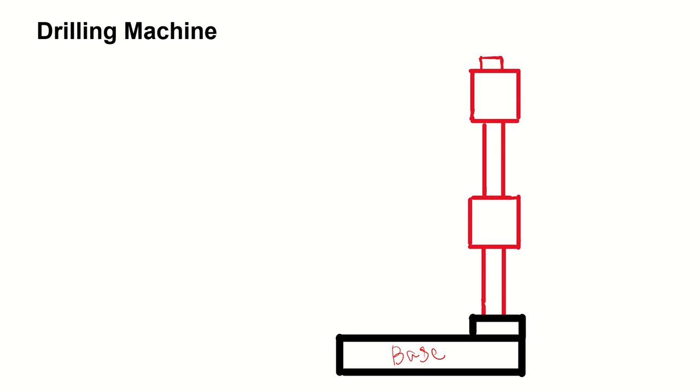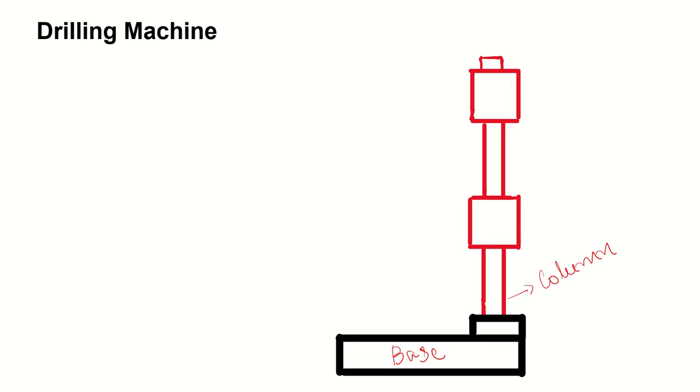And above the base, there is actually a column. This one is called column. And this column is actually used to support the motor and the other attachments needed for drilling.